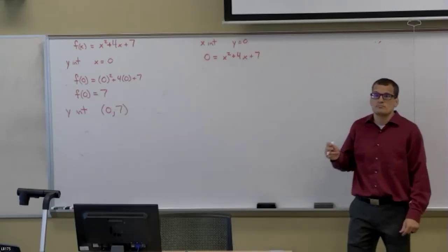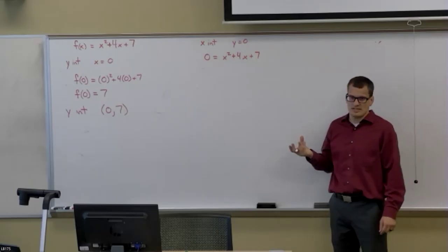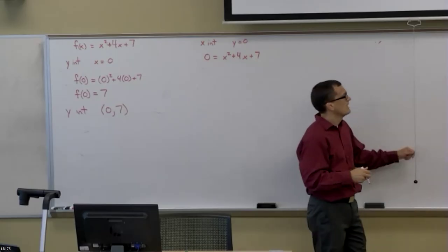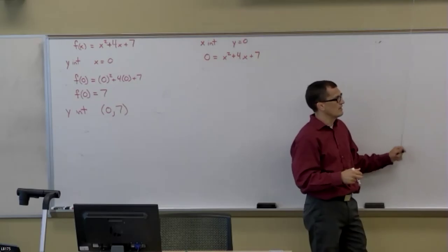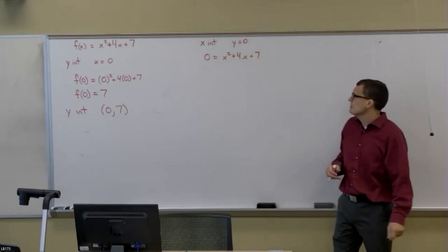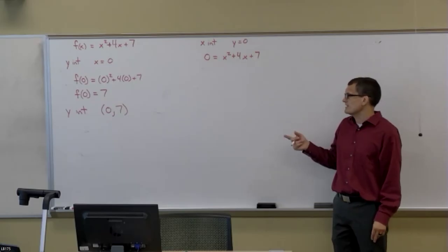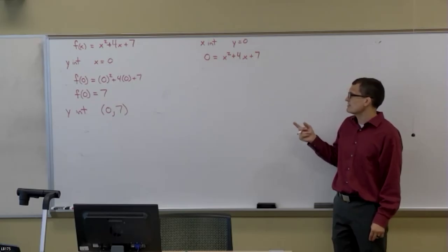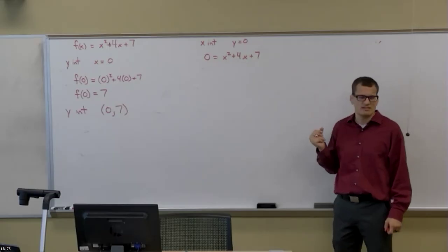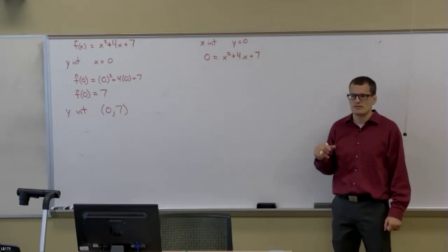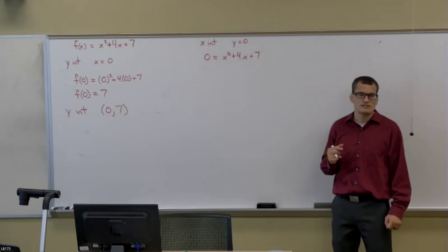Then you go to find the x-intercepts. In this scenario, when you plug in your y value of 0, you get 0 equals x squared plus 4x plus 7. This looks very similar to the previous problem, but this one doesn't factor over integers.